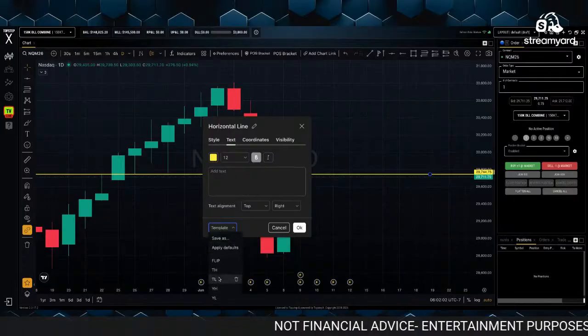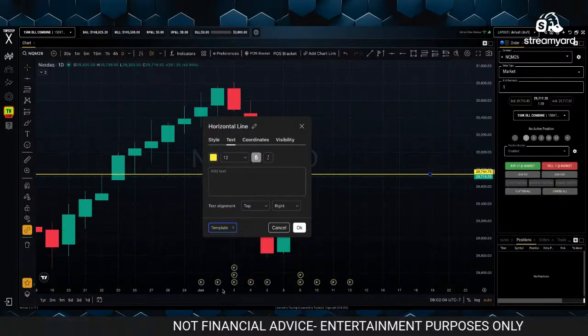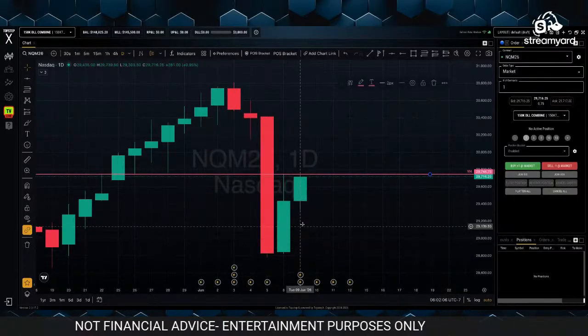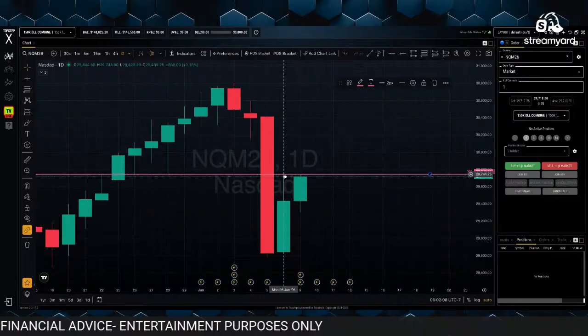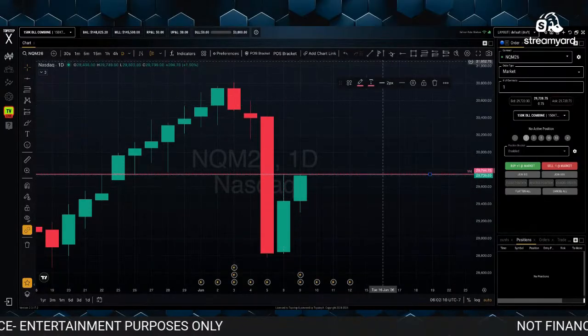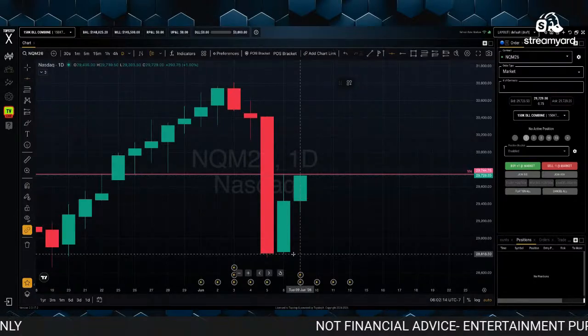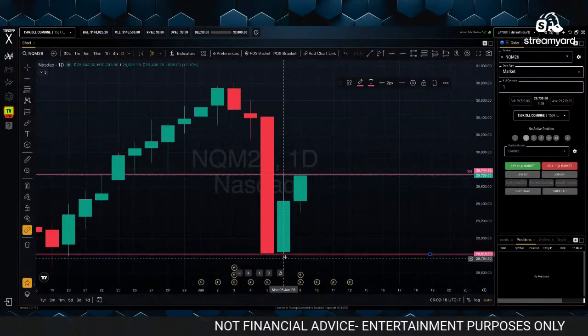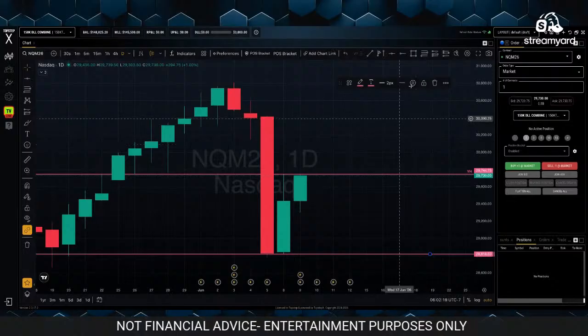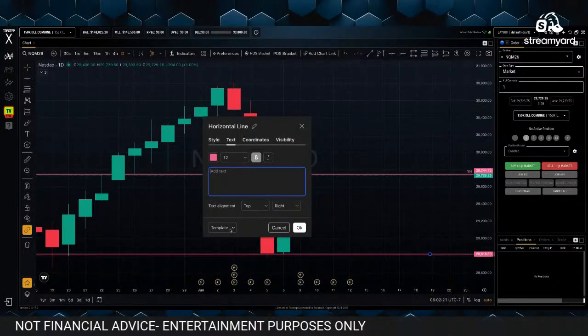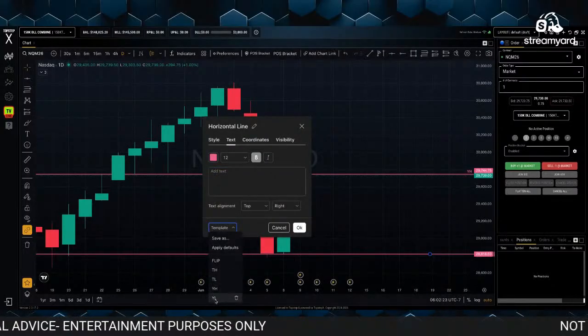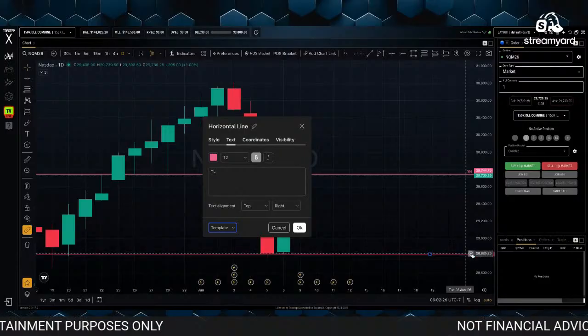And that is yesterday's high of the day, and yesterday's low of the day. I already have the settings set to mark it out for me.